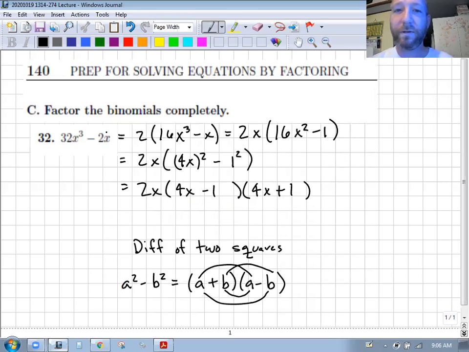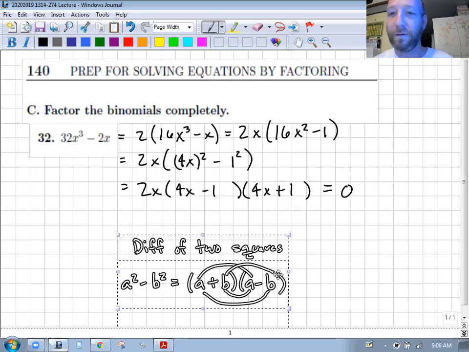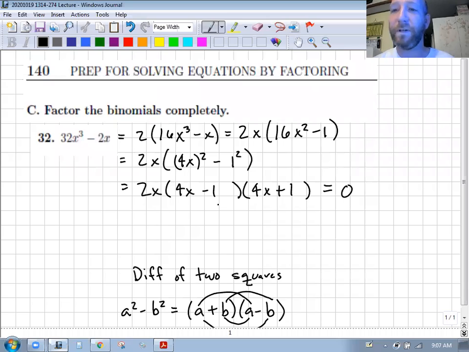If this were an equation, if this was equal to 0, and we were solving for x, what we would do is we take each of these three terms and set them equal to 0. You can see here that if you plugged a 0 in for x, this would be 0, right? And 0 times anything is 0.